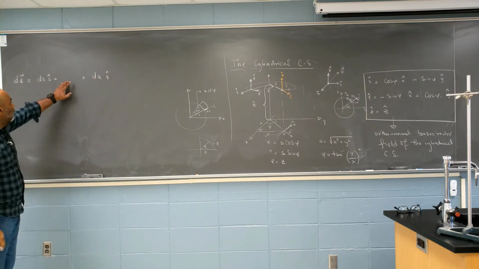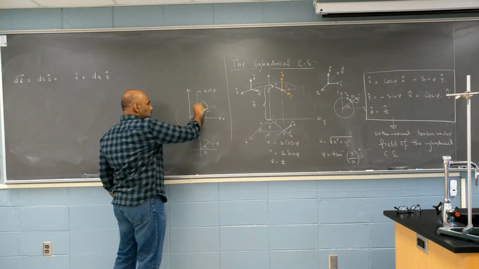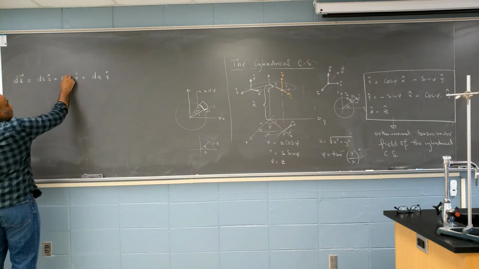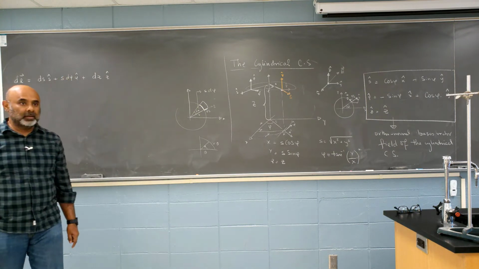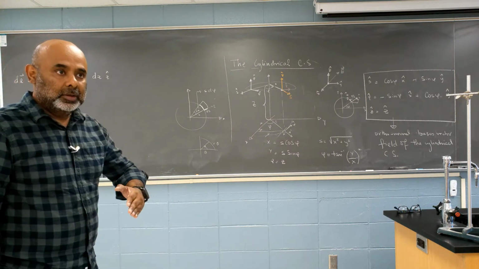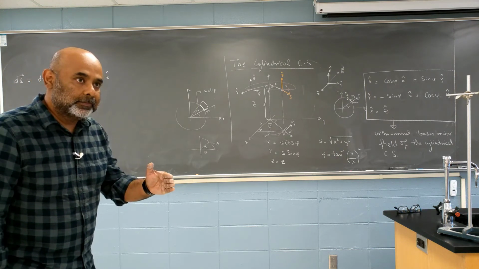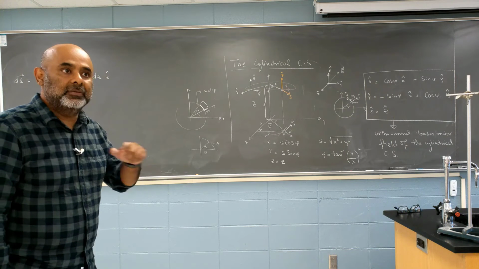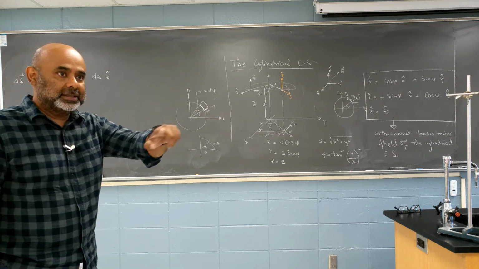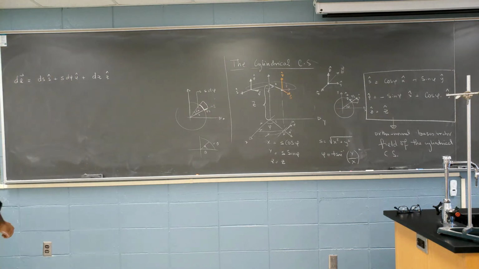Now, of course, I need a phi component. Well, I did that for you. This length is s d phi. Correct? You go through a small distance d phi, the length you're traveling is s d phi, because if you go through a bigger circle, at the same angle it's going to subtend a larger distance.